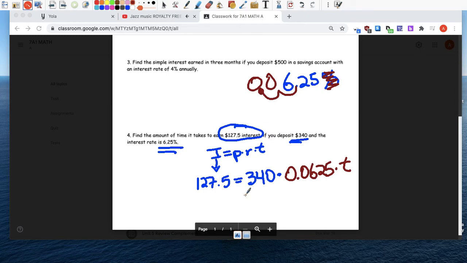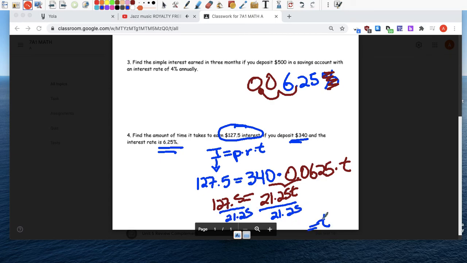So number 1, let's multiply. 340 times 0.0625. That's going to give us 21.25 t. Divide by 21.25.